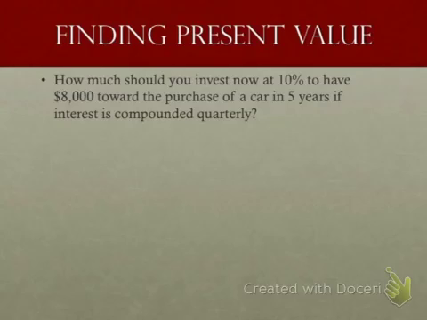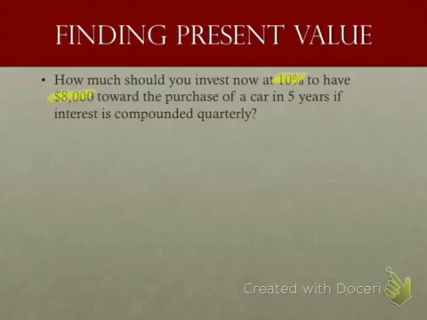Our problem is, how much should you invest right now at 10% to have $8,000 toward the purchase of a car in 5 years if interest is going to be compounded quarterly? So our key information here is that we have 10% interest, and again we assume that is annual interest unless we're told differently.